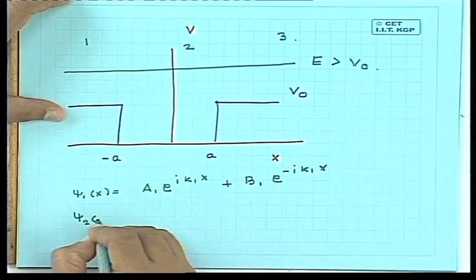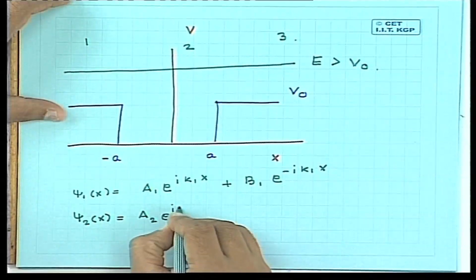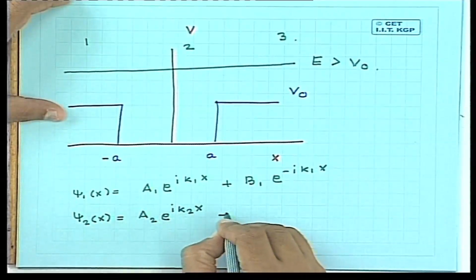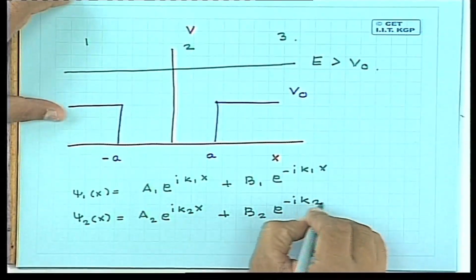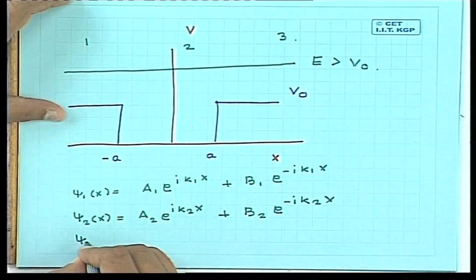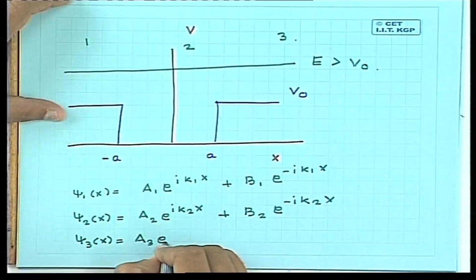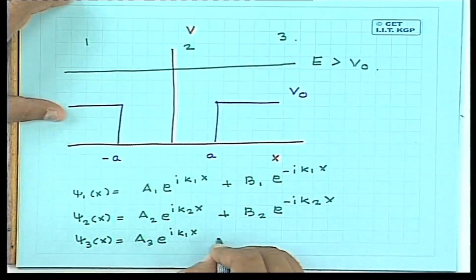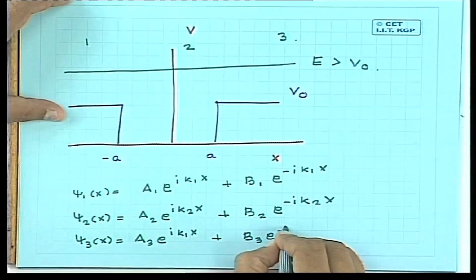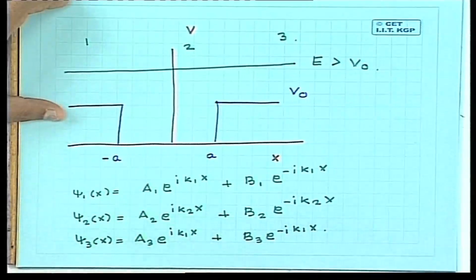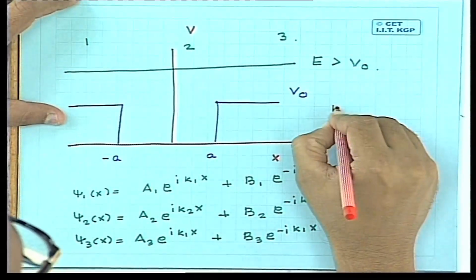Psi 2 of x is equal to a2 e to the power i k2 x plus b2 e to the power minus i k2 x, and psi 3 of x is equal to a3 e to the power i k1 x plus b3 e to the power minus i k1 x. Where k1 and k2, we can also write down the expressions for k1.